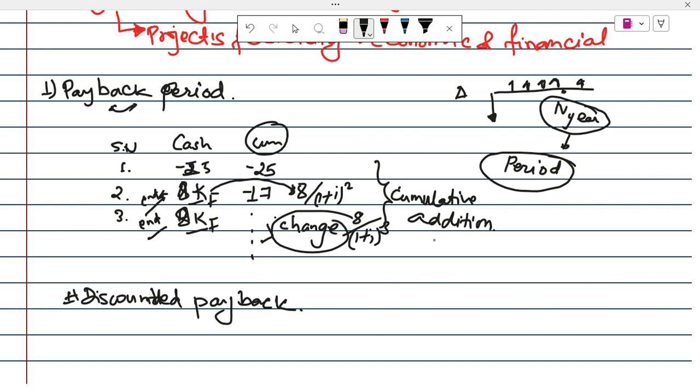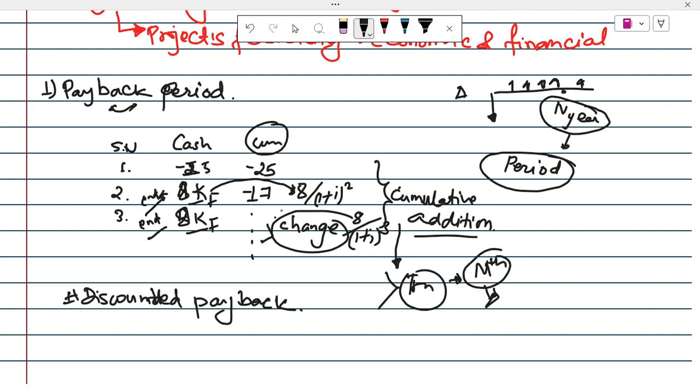This cumulative addition yields the cumulative cash flow of the discounted values, or simply the net present value of all cash flows, where if there is a sign change in the cumulative addition, we record the year, suppose the mth year, and this mth year is the discounted payback period.